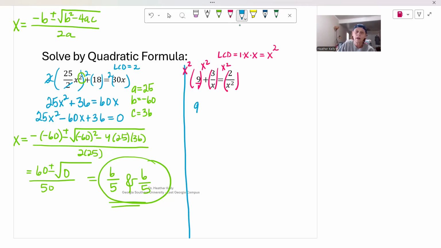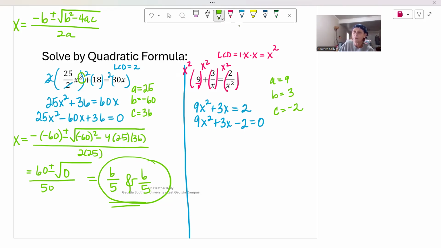So we get 9x squared plus 3x equals 2. Let's bring that over. 9x squared plus 3x minus 2 equals 0. And we will find our a, which is 9, our b, which is 3, our c, which is negative 2.